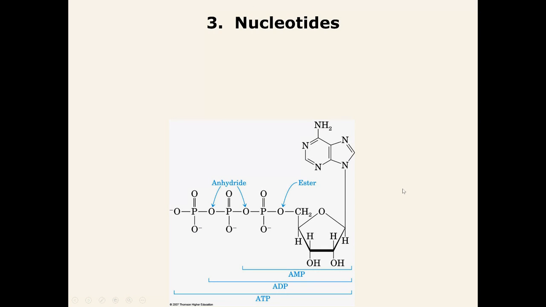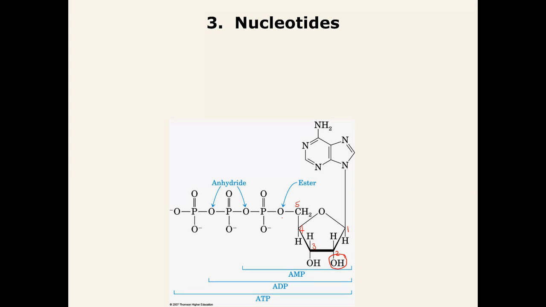A nucleotide will have a phosphate group attached. So here, this is carbon 1, 2, 3, 4, 5. Here's our nitrogenous base again, attached to carbon 1. Here's the OH on carbon 2, so this is ribose.